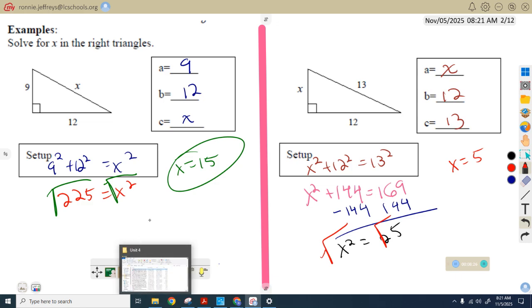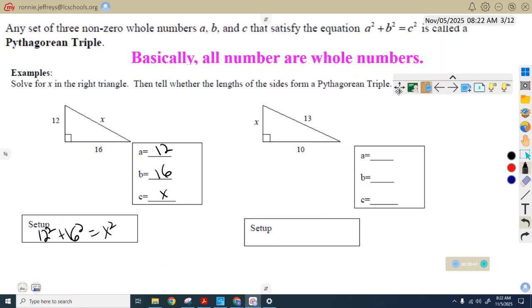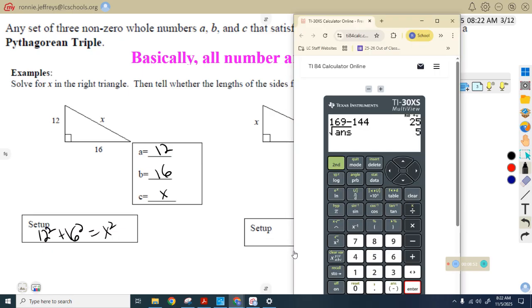Okay, so we're going to check ourselves before we wreck ourselves and find what this is. So 12, 16, and then x. So 12 squared plus 16 squared equals x squared. So plug it in. 12 squared plus 16 squared.